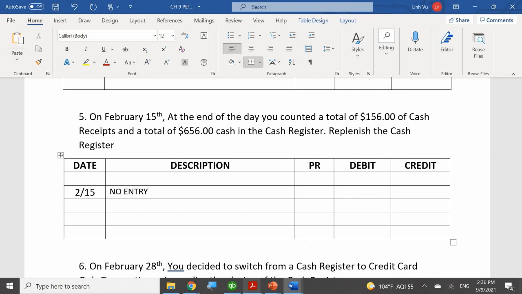Because in this case, this is when you do the accounting at the end, right? Does your total cash receipts match the beginning of your cash plus whatever extra money that you made? In this case, yes, it does.